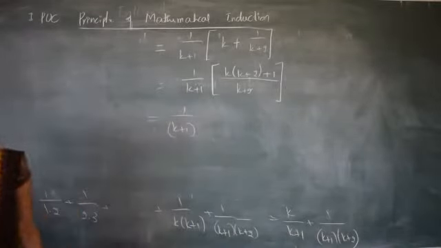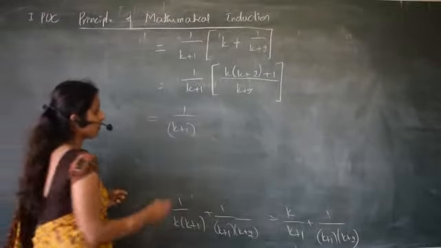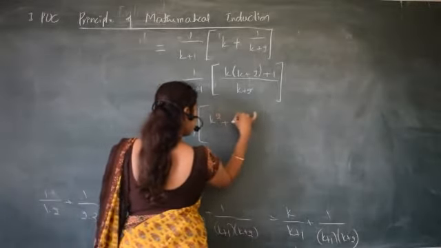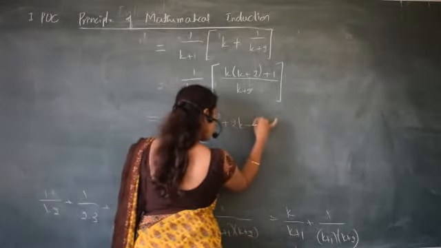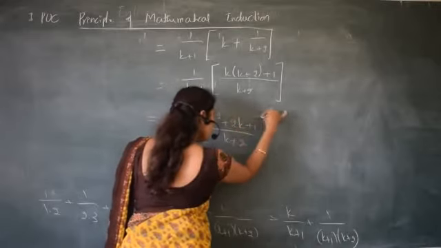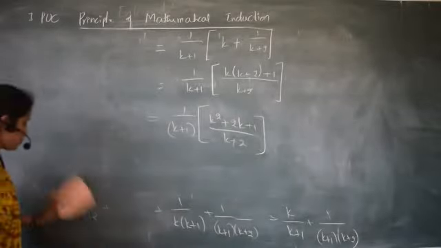So this will be 1 by k plus 1. Next, the numerator here will be k square plus 2k plus 1, divided by k plus 2.